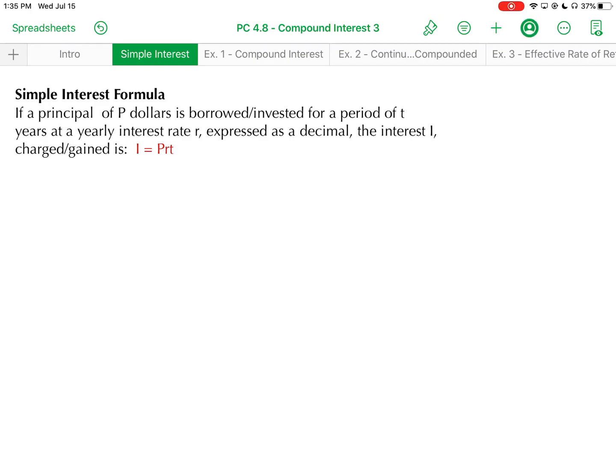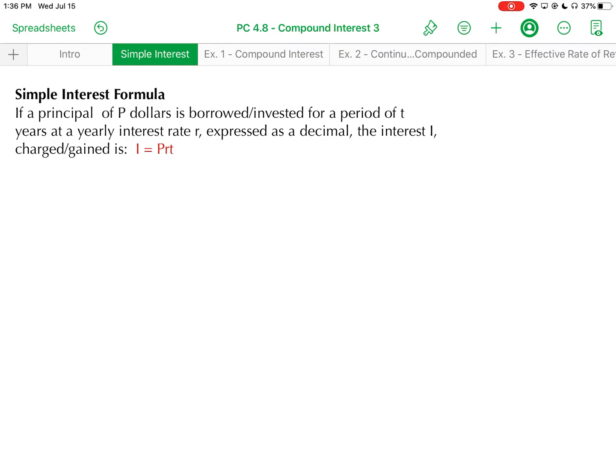Then your interest I charged or gained is going to be found with the formula I equals P times R times T. So basically what this is saying is to calculate the interest charged or gained, all you need to do is take your initial amount of money, multiply it by your yearly interest rate, and then multiply it by the number of years that this is going to take place over.